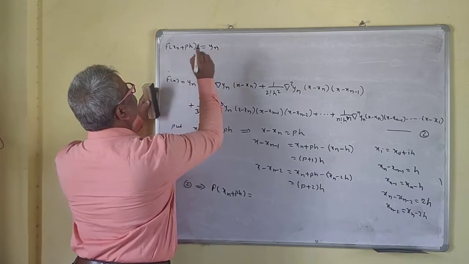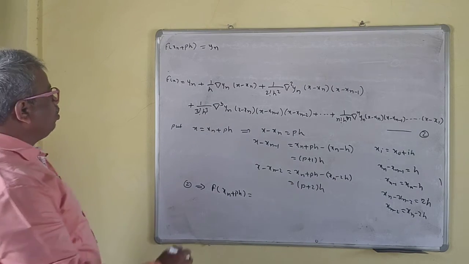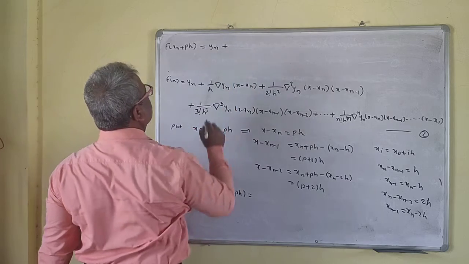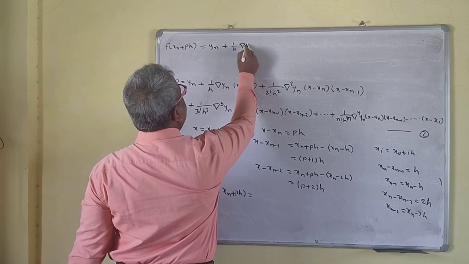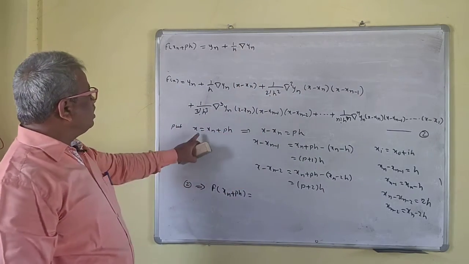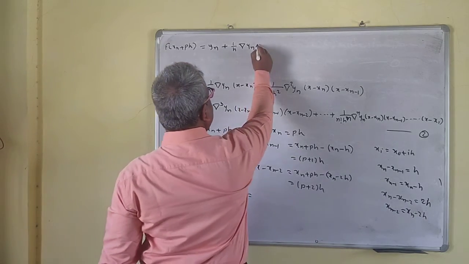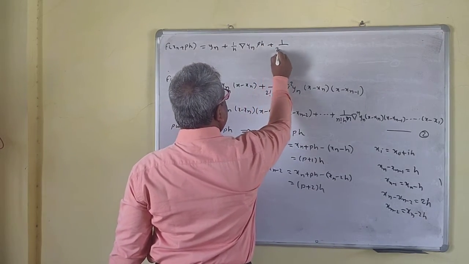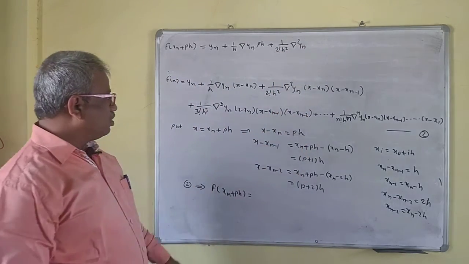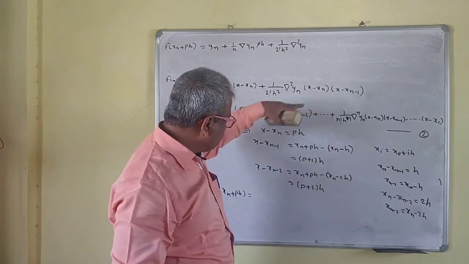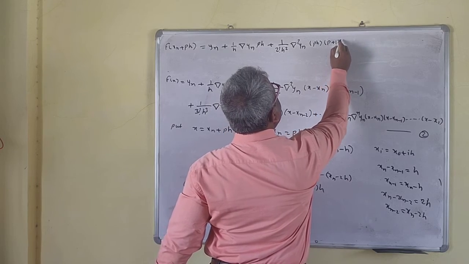Plus 1 by h, backward yn as it is, times x minus xn, which is ph, plus 1 upon 2 factorial h square, second backward yn, times x minus xn, which is ph, then x minus xn minus 1, which is p plus 1 times h.